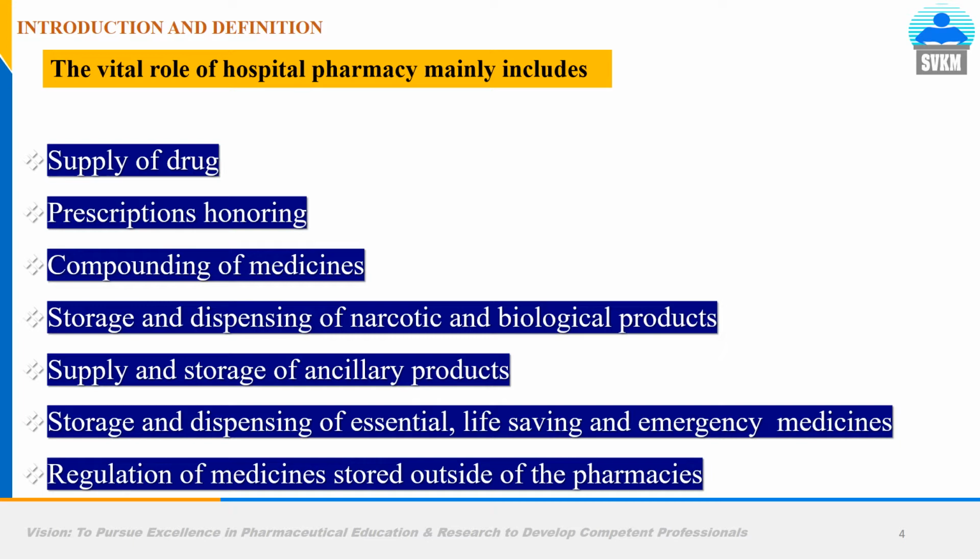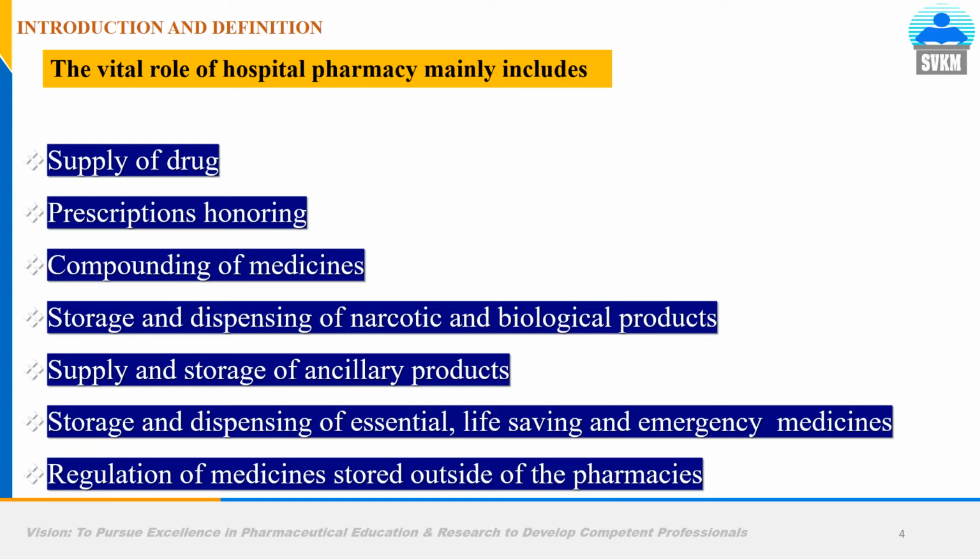Like we need to store some medicine inside the emergency department. Why? In the emergency department of a hospital pharmacy. Why? Because we need to tackle some of the medical emergencies. That's why we need to store some life-saving drugs over there. But we can't deny that we are not storing that particular medicine or that particular category of product inside our pharmacy, so we are not having such kind of oversight over there.